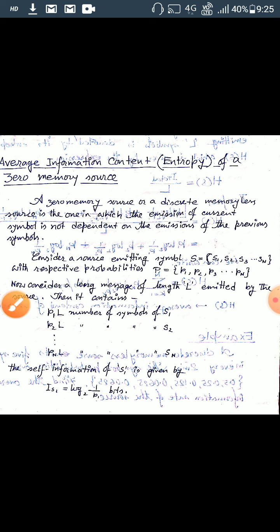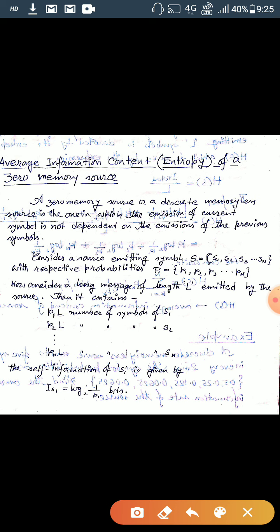If we consider S1, for that particular message, the number of S1 symbols will be P1 into L. Why?